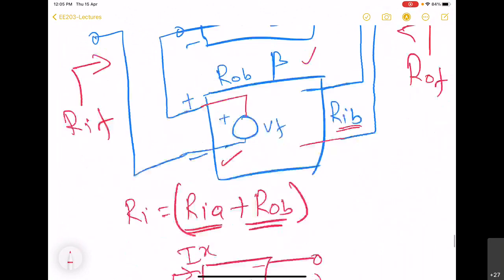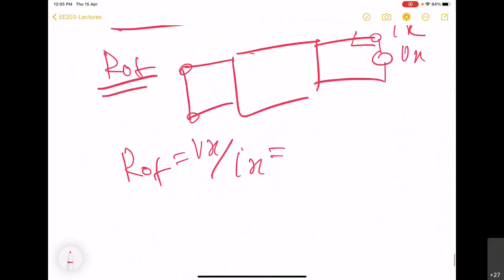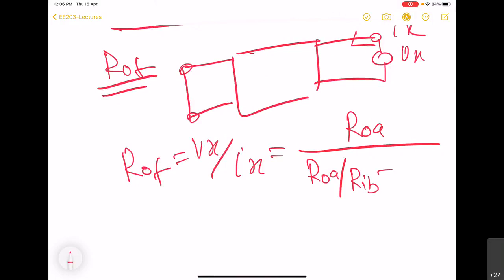This cannot be removed. So in this case, if you carry out this analysis, what we will get is ROA, the output resistance of the amplifier, which was supposed to be very small for ideal amplifier. When it is put into feedback, what we will get is ROA divided by RIB plus 1 plus beta A.